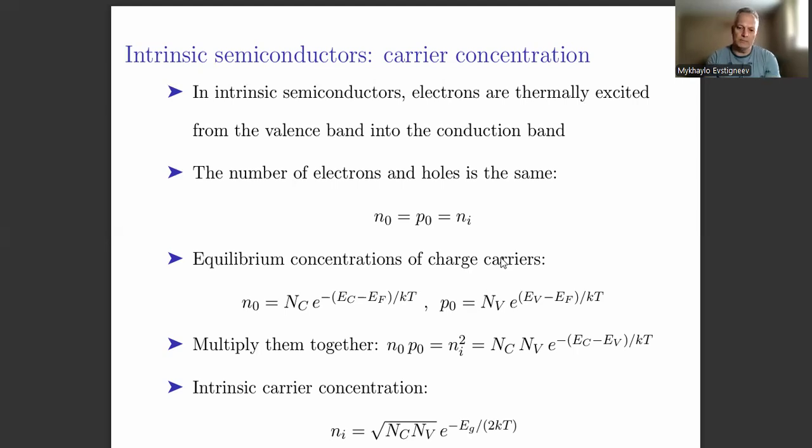Thermal energy at room temperature is 26 milli-electron volts, 0.026 electron volts. So 2.3 times the thermal energy will give you something like 60 milli-electron volts, 0.06, which is much smaller than the band gap energy.